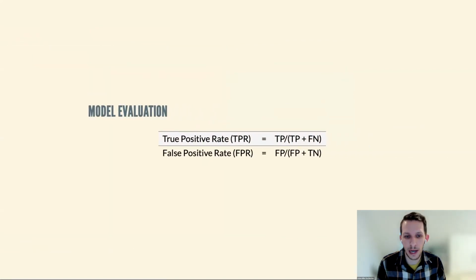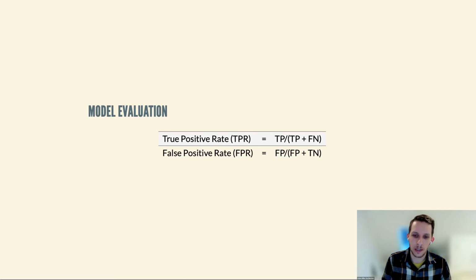Other things we can look at are the true positive rate and the false positive rate. So the true positive rate is just the number of true positives divided by the number of true positives plus false negatives. Okay, the false positive rate is the number of false positives divided by the number of false positives plus true negatives. For many classification models, there's actually what is known as a decision threshold to determine whether or not a source belongs to the positive class.